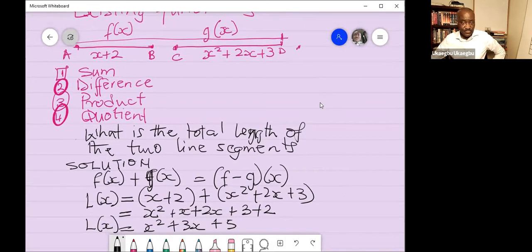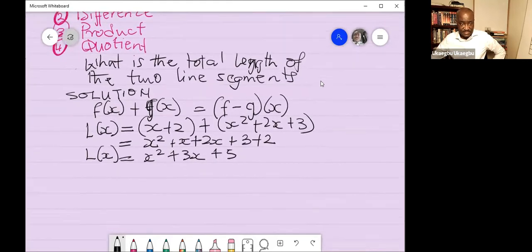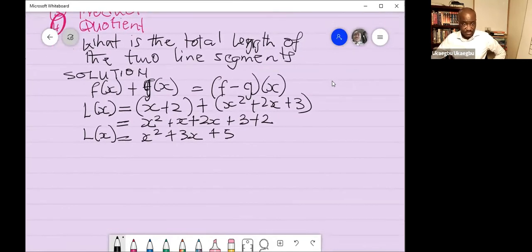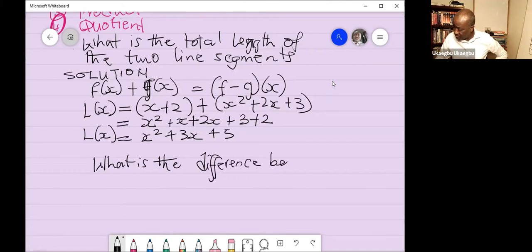So now, if the question says, what is the difference between g of x and f of x?